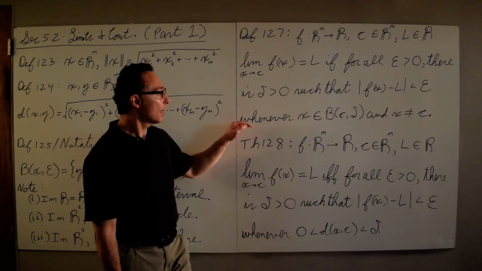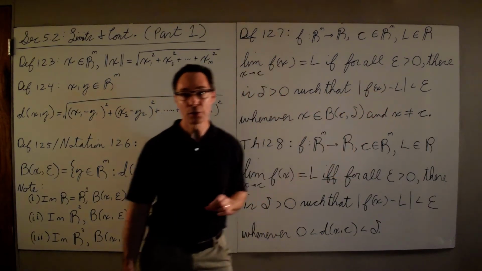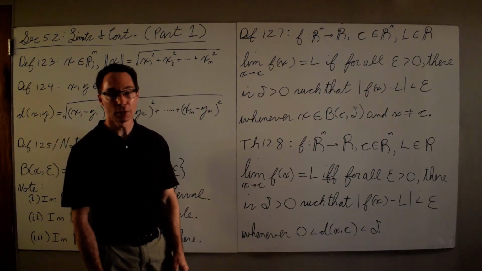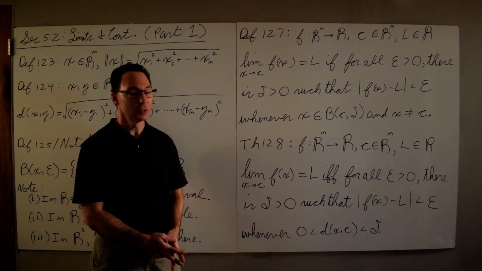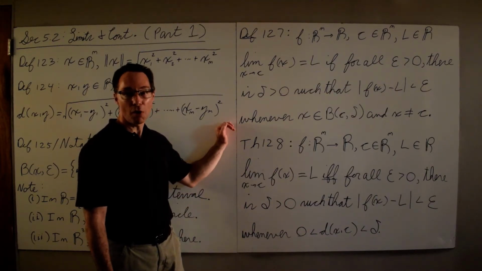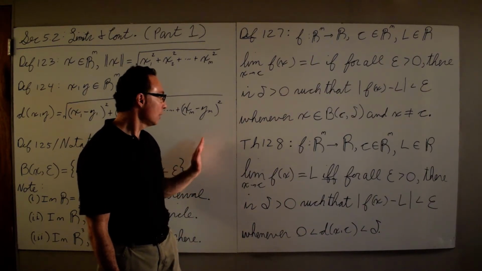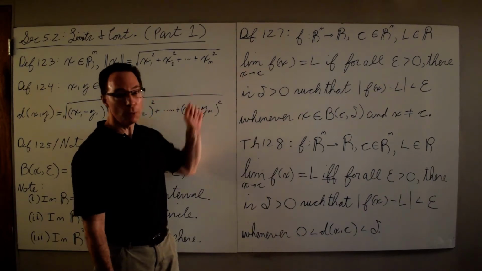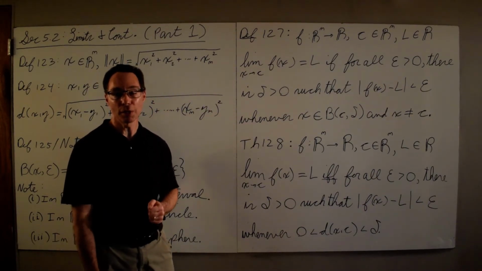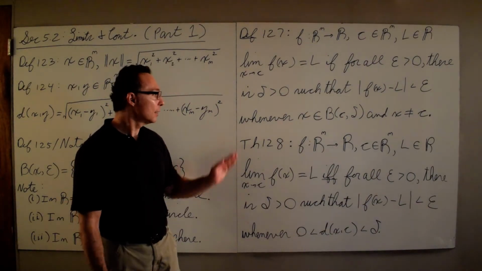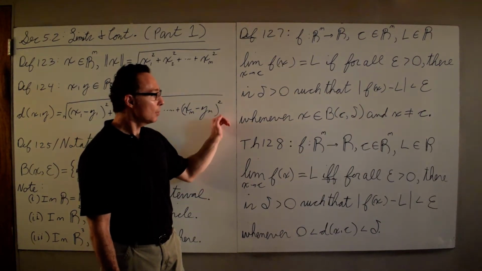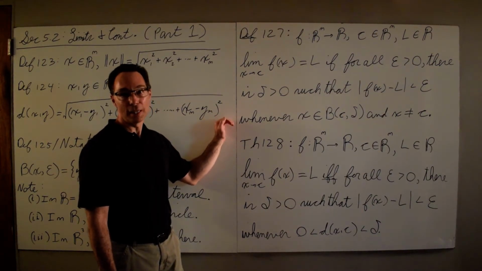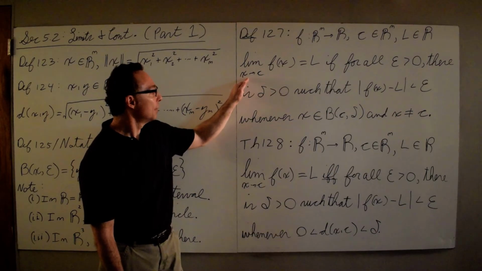Just like, remember back in Calc 1, sometimes f of c wasn't defined, sometimes it was, but f of c was clear up here. You had a jump discontinuity, and that didn't affect the limit. So it's the same thing here. We don't care what f does at c. We care about what happens when x is close to c.